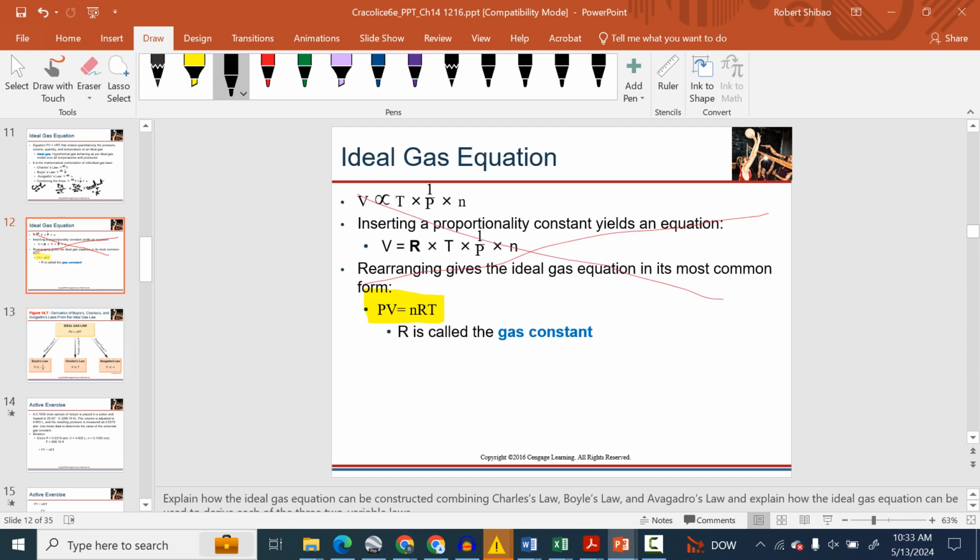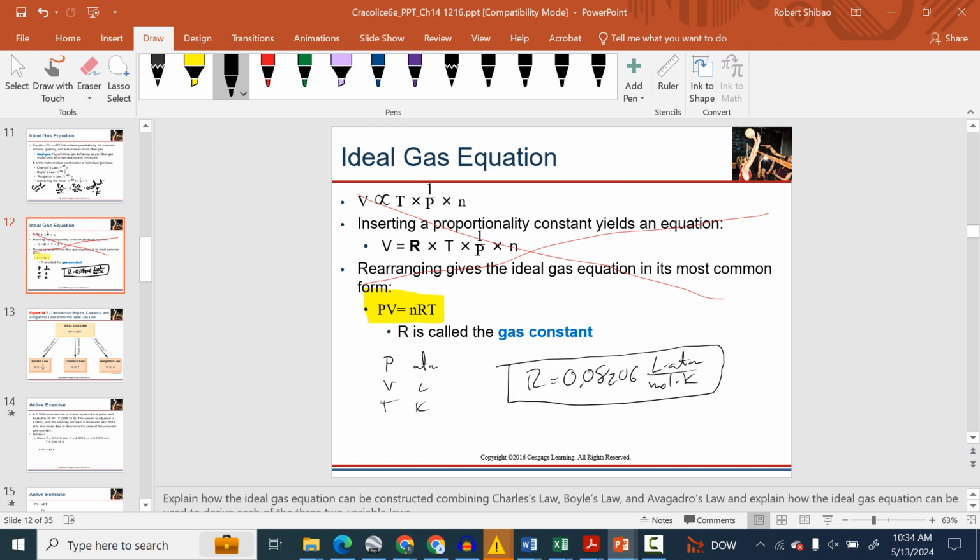So PV equals nRT. And so what we do is we do pressure in atmospheres, volume in liters, temperature in Kelvin, and when we do that, R is going to equal 0.08206 liters times atmosphere per mole Kelvin. And so we only want to memorize one.